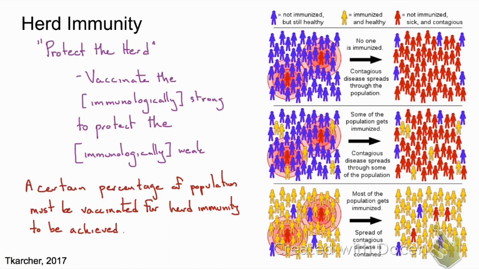Now, it's important to note that there are a number of factors that can influence what this percentage of individuals is. And those factors can include things like the mechanism of how the disease spreads, how many individuals are infected from every one individual that is currently infected, something that we call the R sub naught value or R0 value.